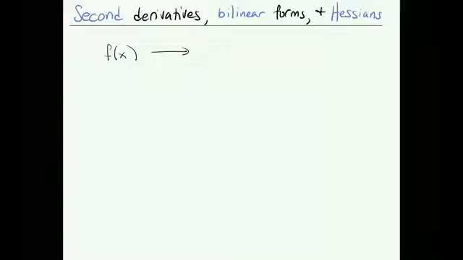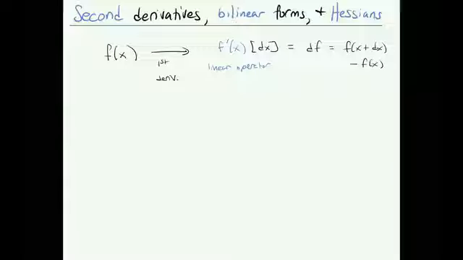So remember, when we take the first derivative, what we have is this linear operator f prime of x that takes in a little change and gives us a df, which is f of x plus dx minus f of x to first order, dropping higher order terms.